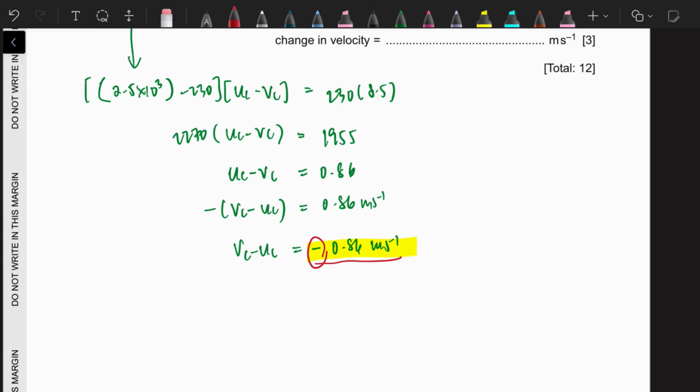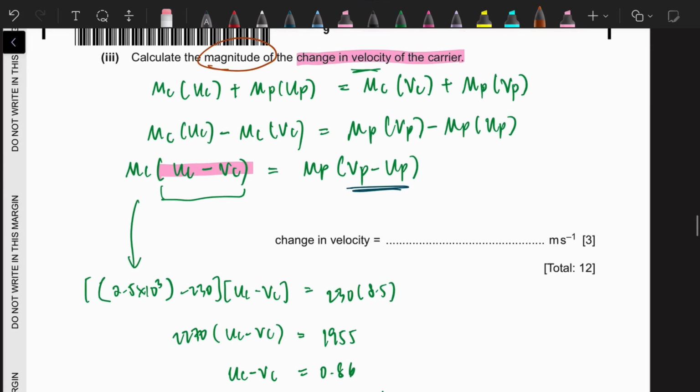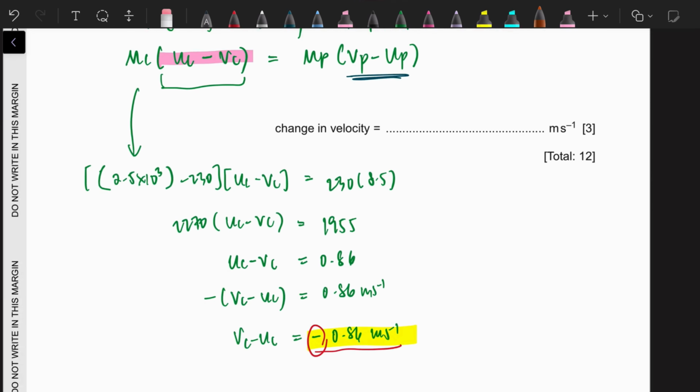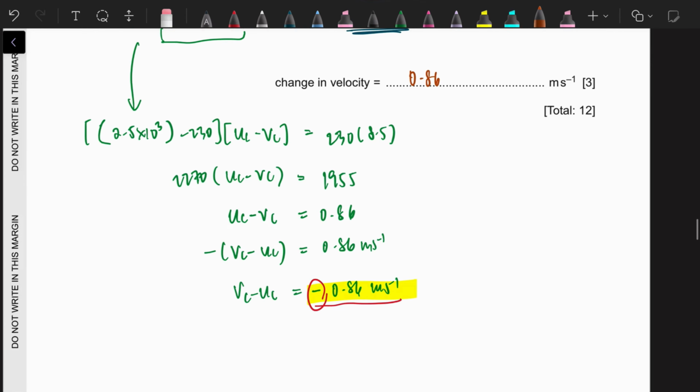Okay. You got that already. Now, the question asks you for magnitude only. So since the question asks for magnitude, you can omit the direction and just write 0.86. Because they only ask for magnitude. So it's fine. You don't have to take it into consideration.